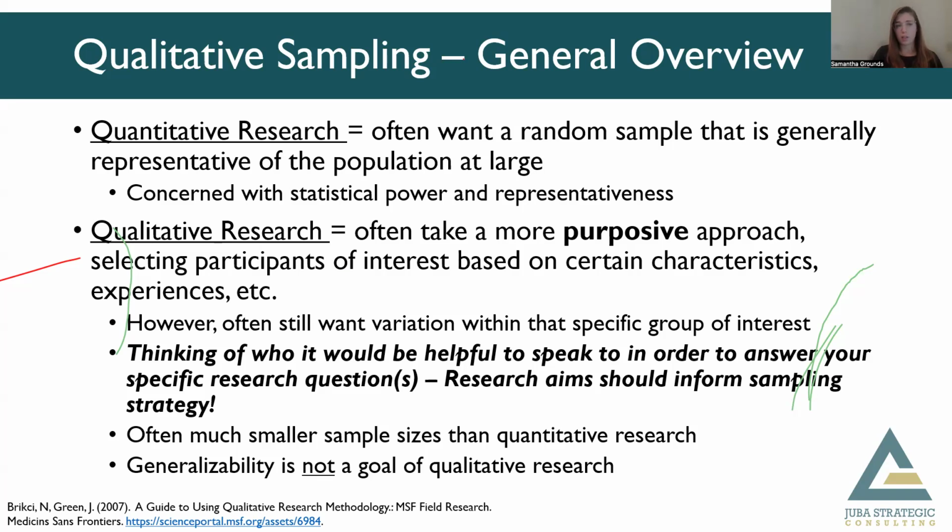But really, the key takeaway should be that your research aims should inform who you sample, who you recruit. You want to think about who it would be helpful to speak to in order to answer your specific research questions. So that might be mothers, it might be fathers, it might be physicians, it might be community leaders. It could be a mix of different people that you're interested in speaking with.